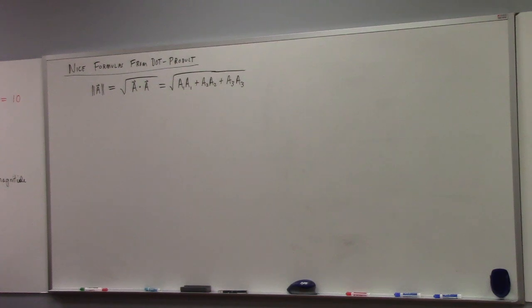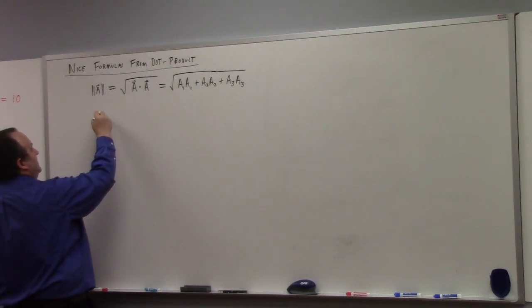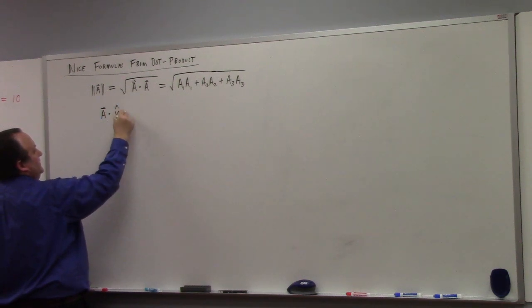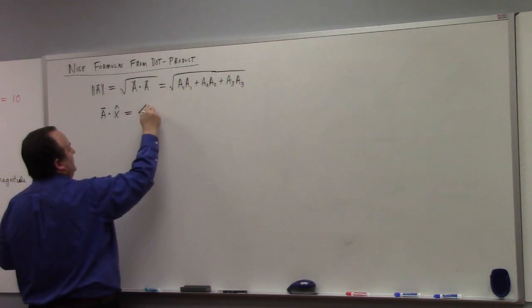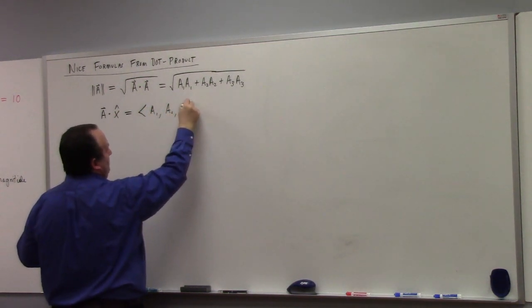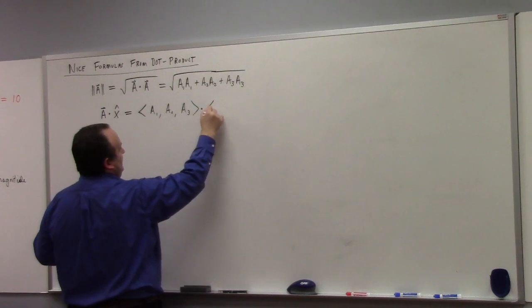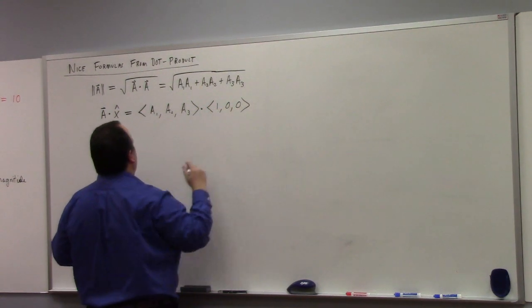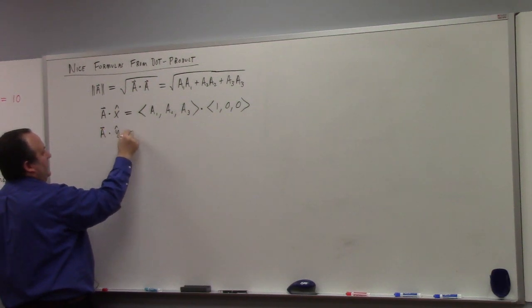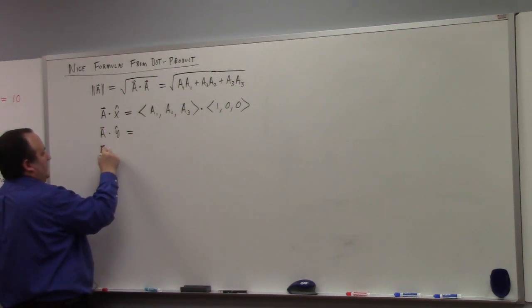What else can we notice? What if I take A dot x hat? What's that equal to? We'll keep it three-dimensional here. So x hat in 3 dimensions is 1, 0, 0. What happens when we take the dot product of A with x hat? With y hat? With z hat?